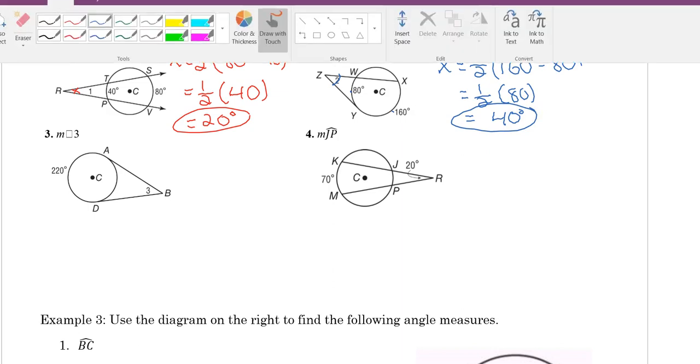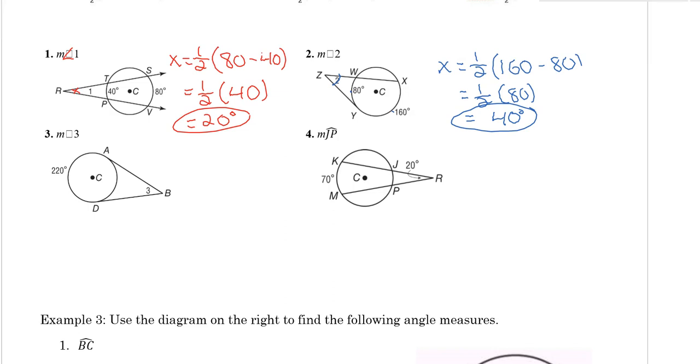All right, for number 3, it's going to be a little tricky. In order to find this angle, I need to subtract this and this. Well, these two are going to add up to 360. These two make a full circle. So subtract 220. 360 minus 220 is 140.